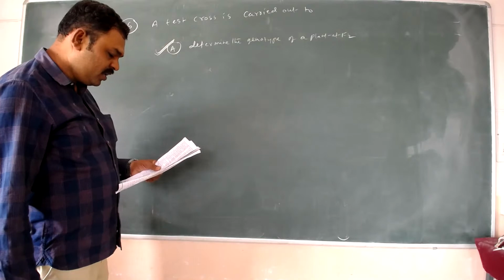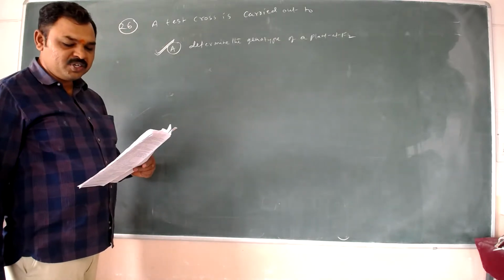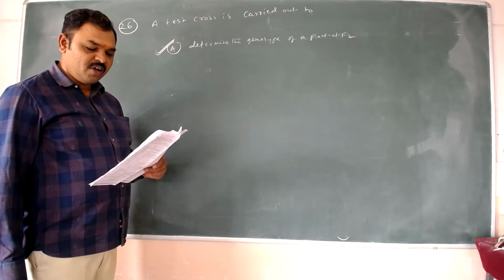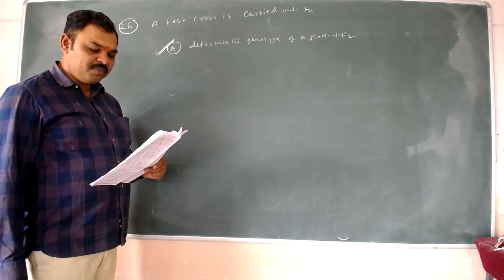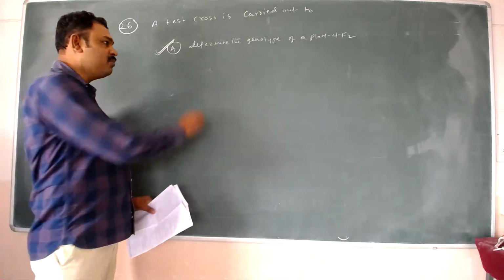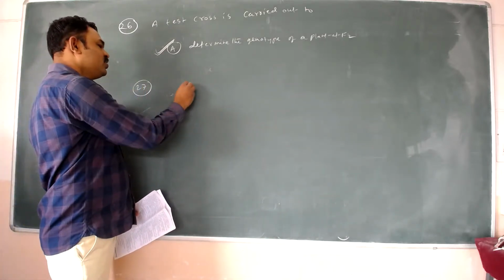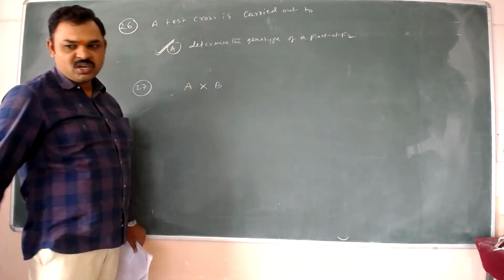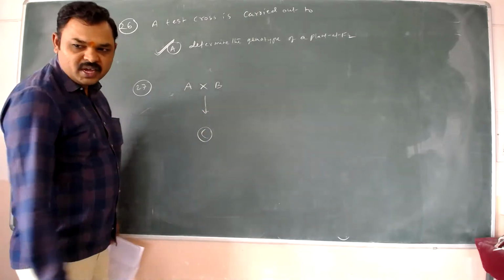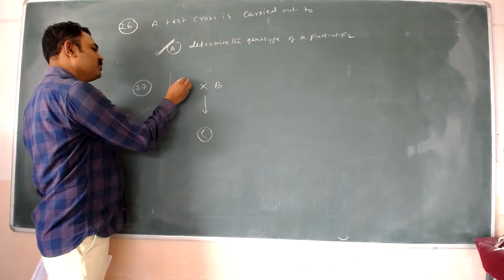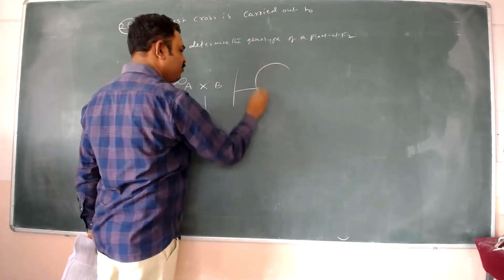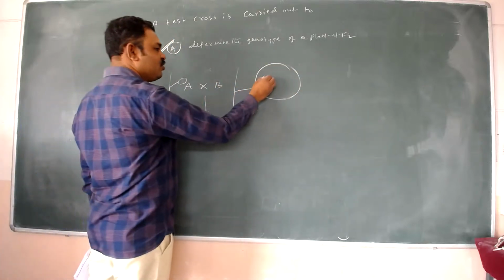Now you see 27: when two unrelated individuals are crossed, the performance of an F1 hybrid is often superior to both the parents. This phenomenon is called as. Generally, two unrelated individuals A and B are crossed and C is produced. Suppose plant A has small size fruit, B plant has big size fruit but there is no taste.